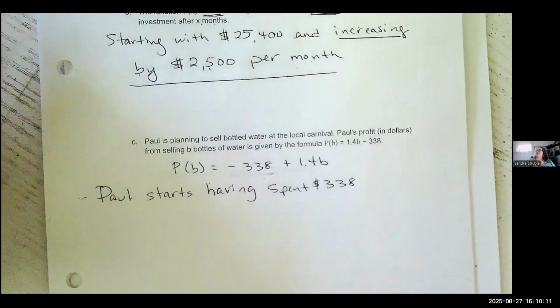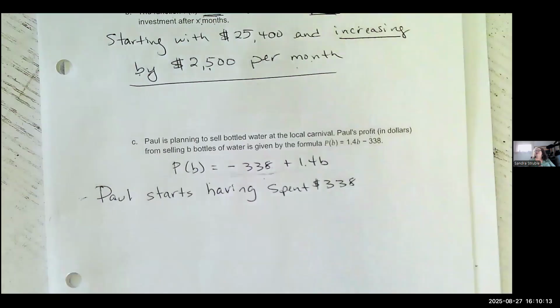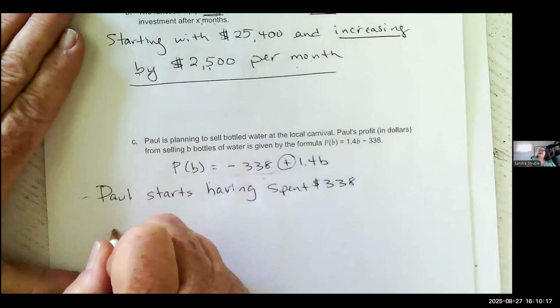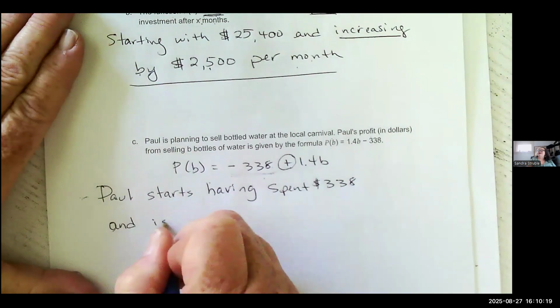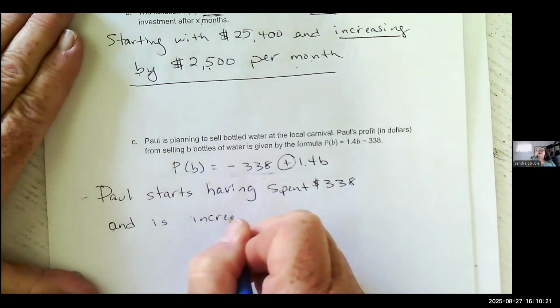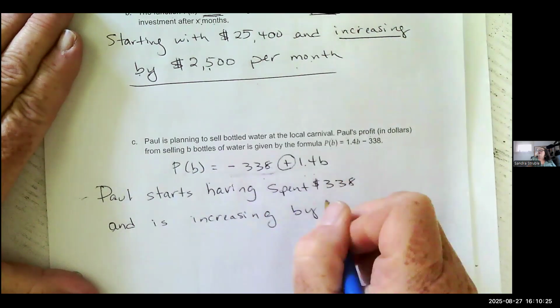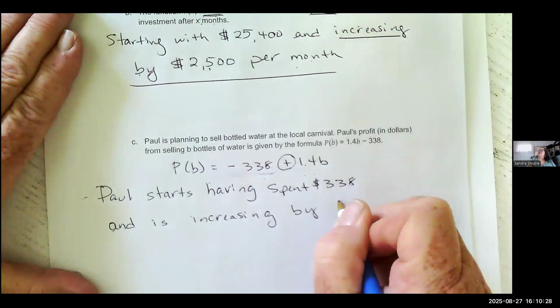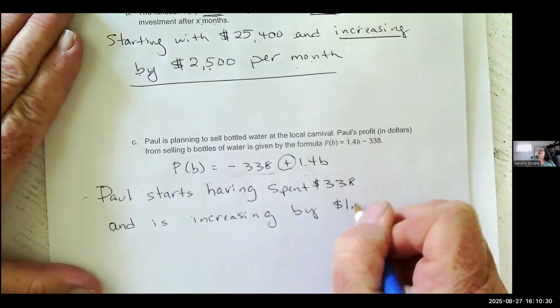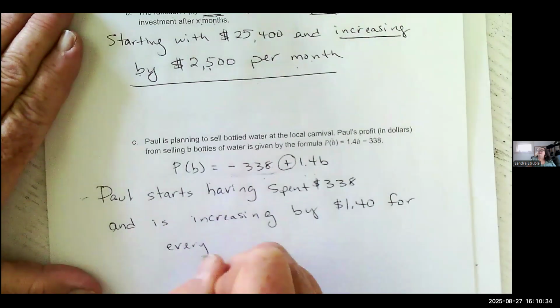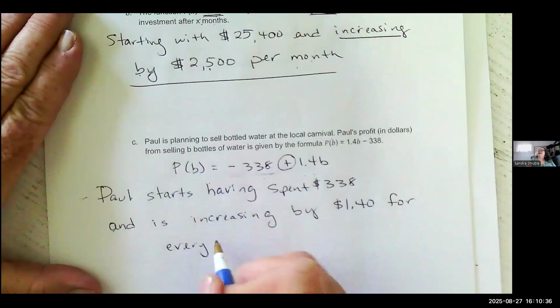Now, the part that I wanted you to make sure you can explain is it's increasing by 1.4, this is dollars, so increasing by $1.40 for every bottle of water he sells.